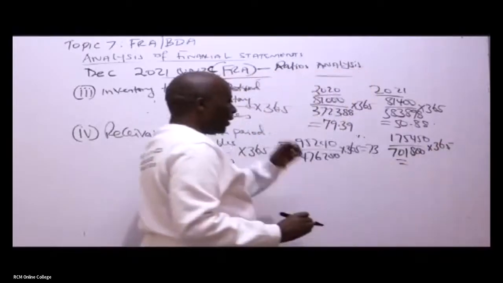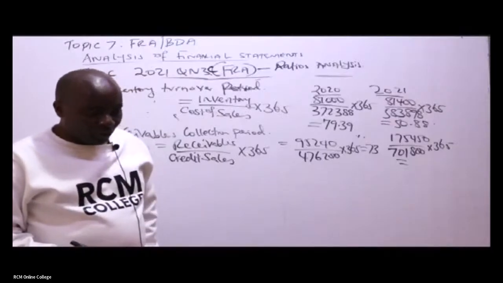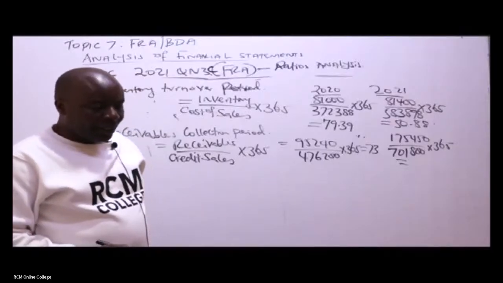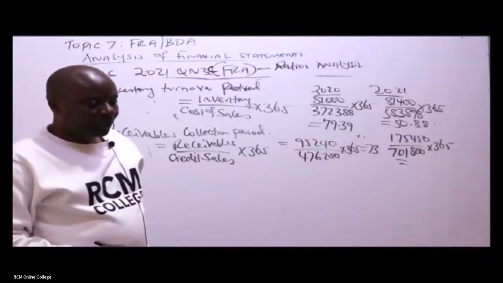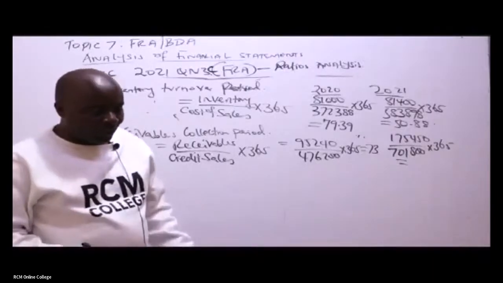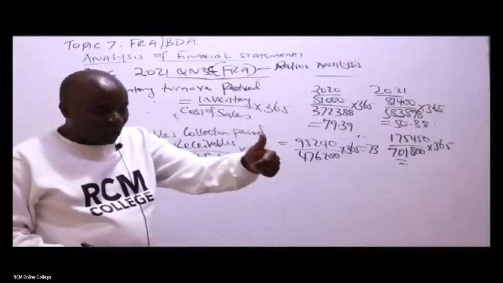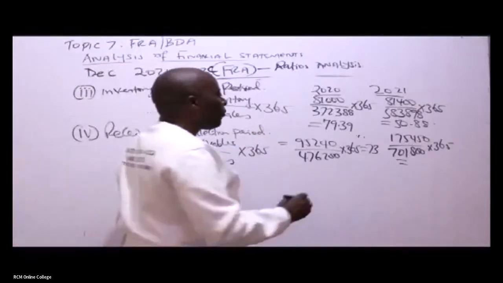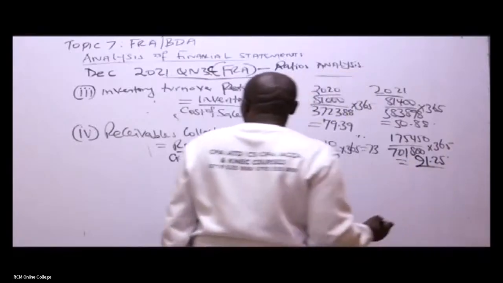How many days do we have here? 91.25, right? 91.25 days. Felicitas is giving me 91.25. Thank you so much.